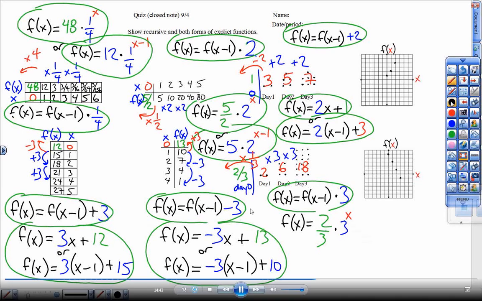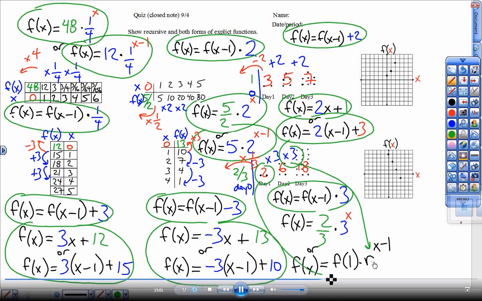If I want to shift over and use the f of 1 term, you can, because you could also do geometrics by taking the f of 1 term times r to the x minus 1 power going to the right, replacing f of 1 with 2, putting 3 in there for r.